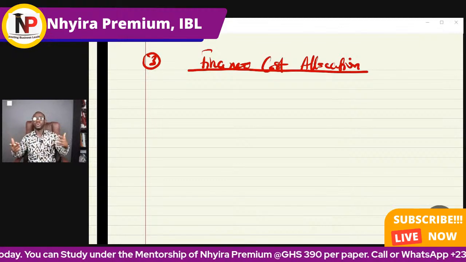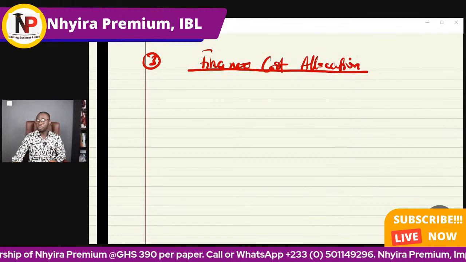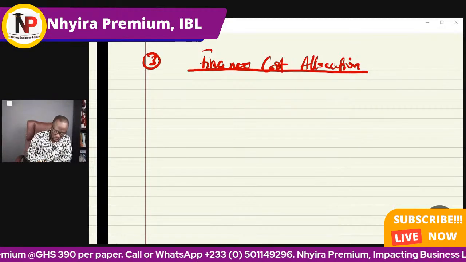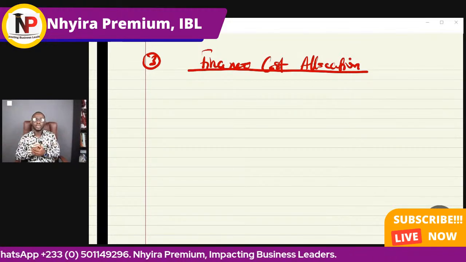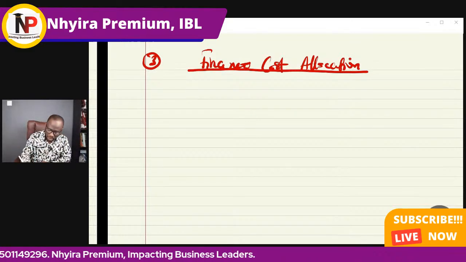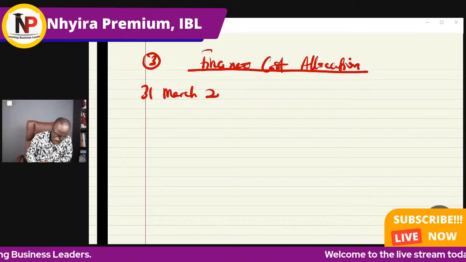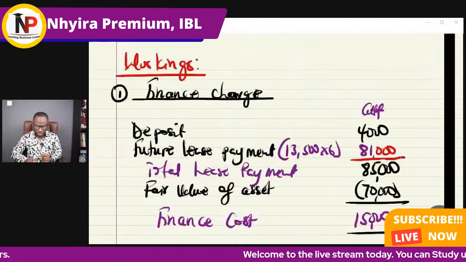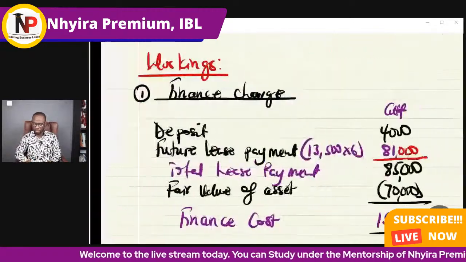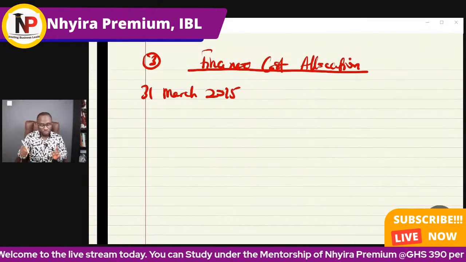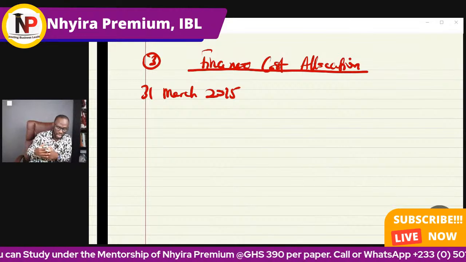So how do we allocate the finance charges for the period under consideration? If you look at it, it's 21. And if you look at it carefully, the payments will be made as follows. 31st March 2015. Remember, that is the first payment in the question. We are told that is the first time they will make that 6-year payment. From 31st March 2015, we are going to be coming to the next period.